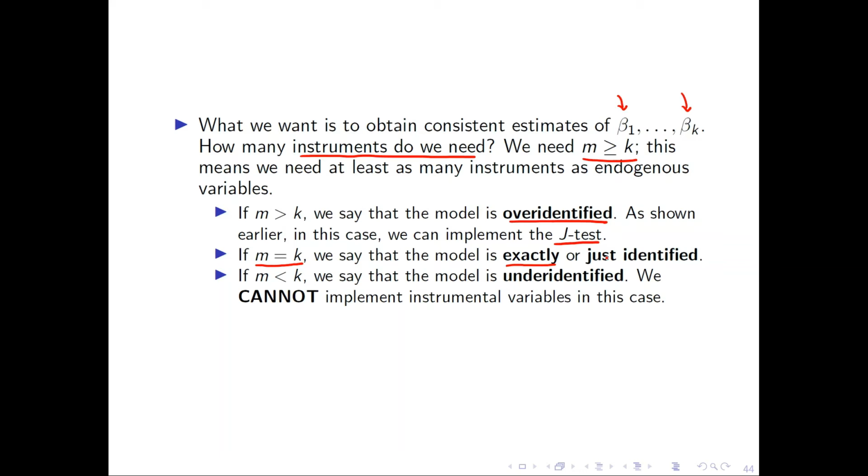So we have to rely on our logic and our knowledge of the field to say that the instrumental variable is exogenous or not. And if we have more endogenous variables than instrumental variables, then we cannot implement instrumental variable regression.